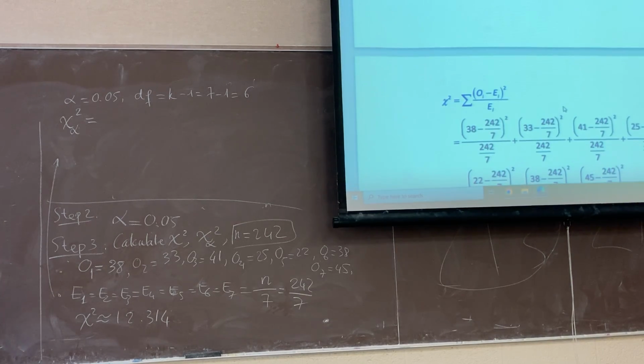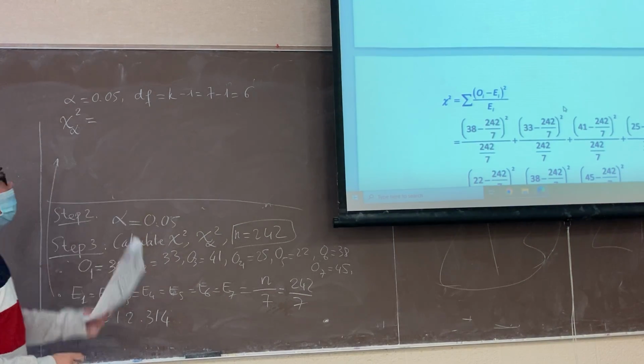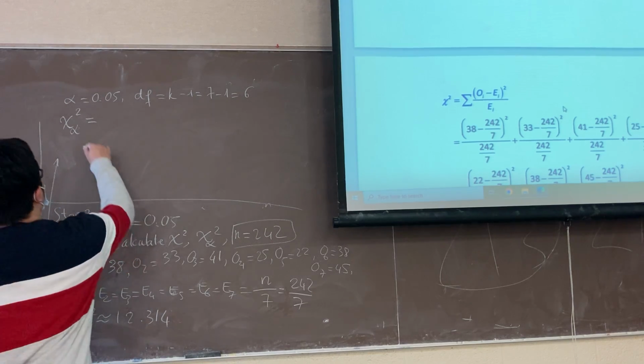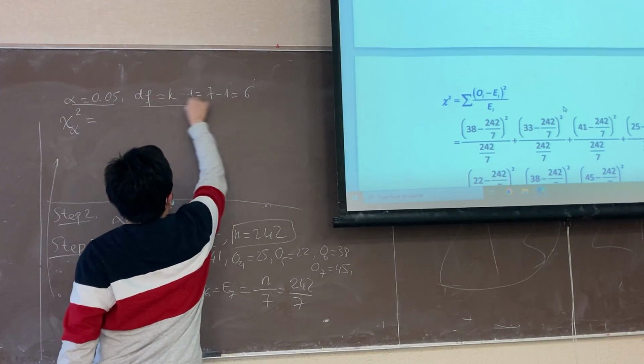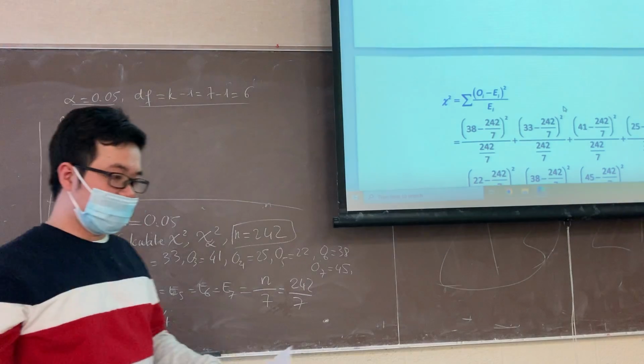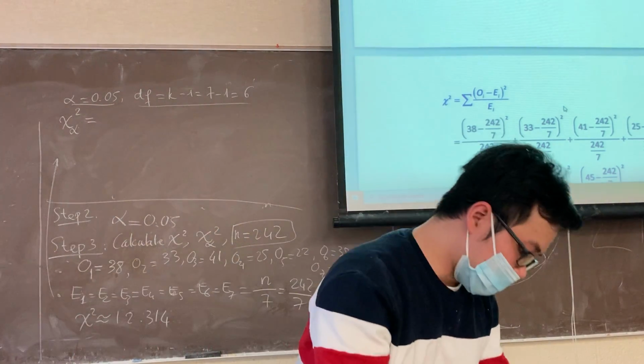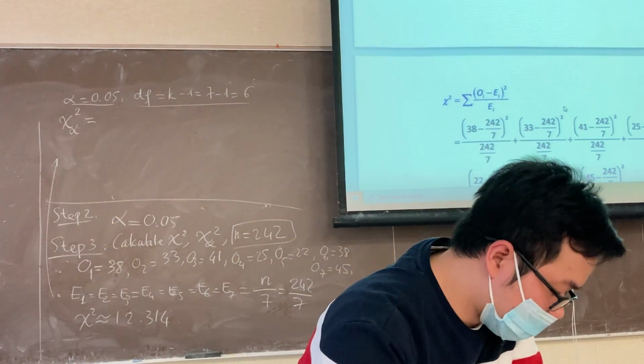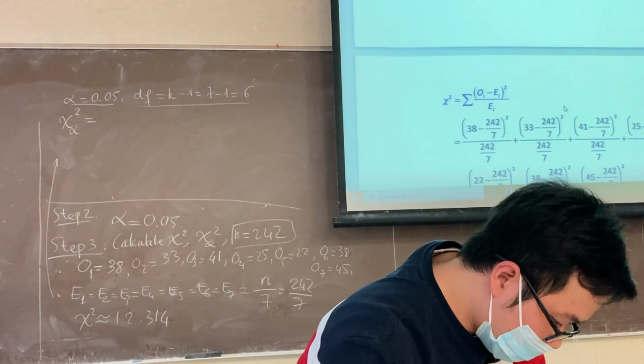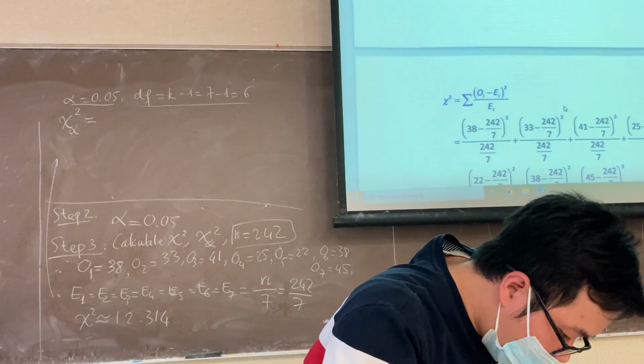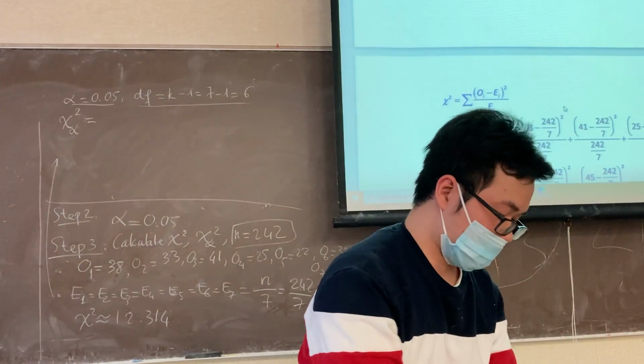And now, could you tell me what is the chi alpha square here by using the level of significance and df? Okay, Lee, please. Okay, 12.592. Exactly. Thank you.